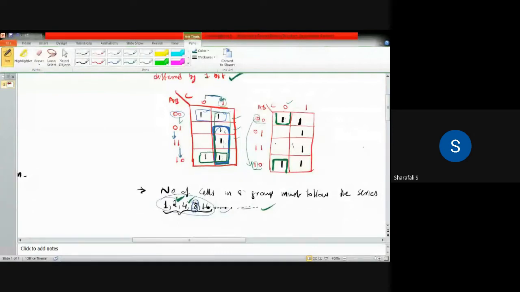So if you have cells which are at the ends or the boundary of the map, those cells also can be grouped together. This is just like folding.